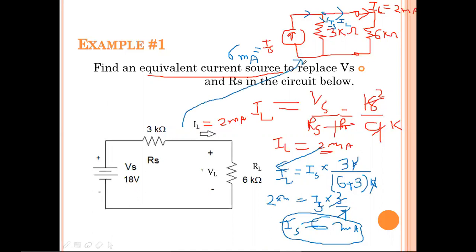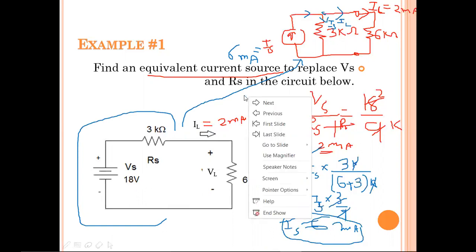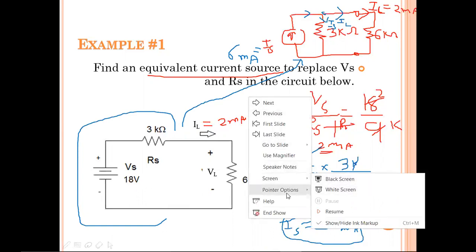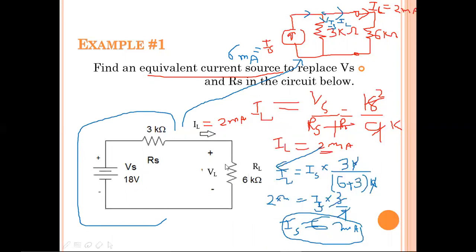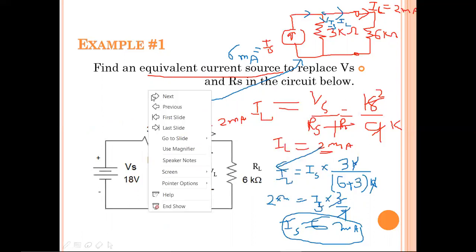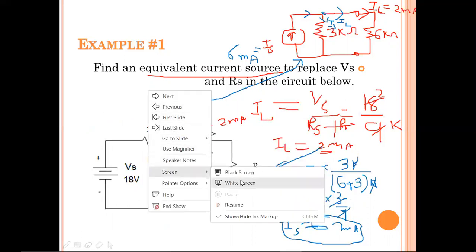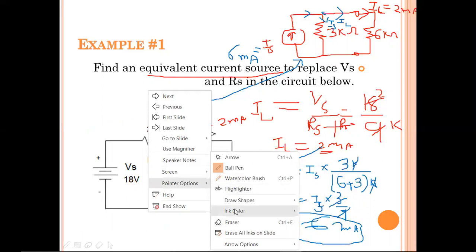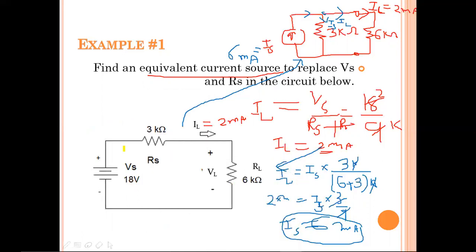But here, I am changing the voltage source. Let me change the color, then you can observe easily. So I'm just converting this point to this.